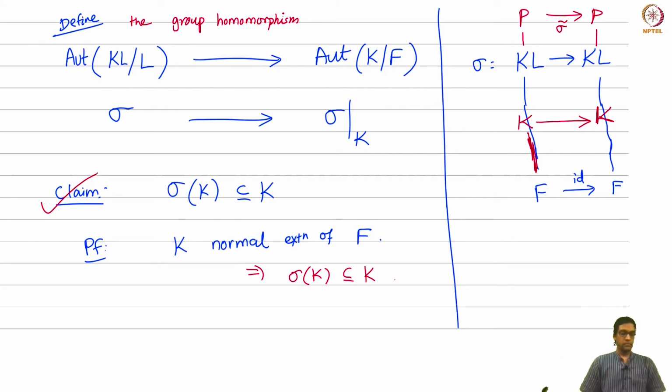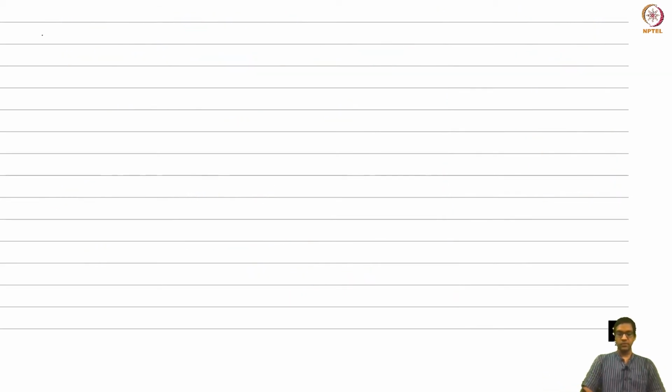Now what do we need to do? We need to prove two things. First, that this map is one-to-one, and secondly, that its image is exactly the subgroup that we claimed in the theorem. So let's prove claim 1, that this restriction map is injective.